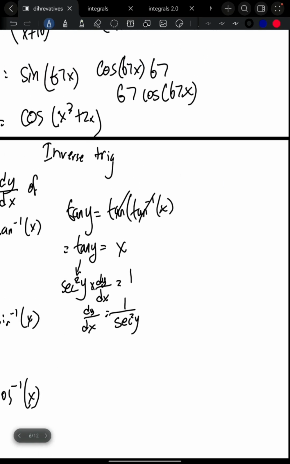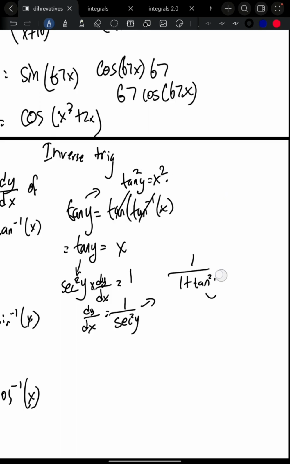Yeah, anyways, don't forget we said tan y is equal to x, right? You can write secant squared y as just 1 plus tan squared y, right? Because that's an identity. So you can write this as 1 over 1 plus tan squared y. And we said tan y is x, so tan squared y is just going to be x squared.